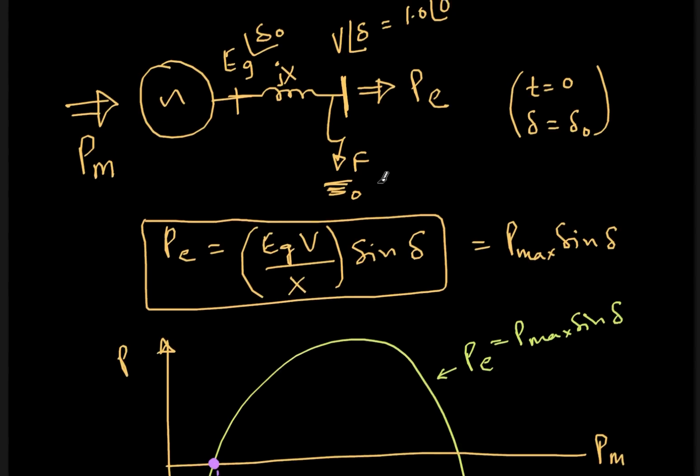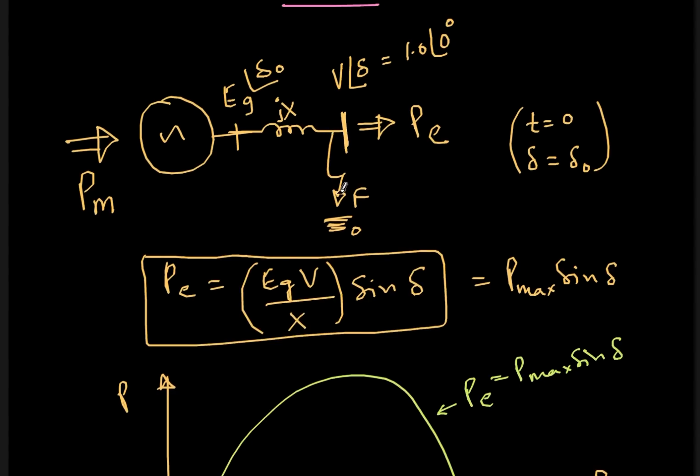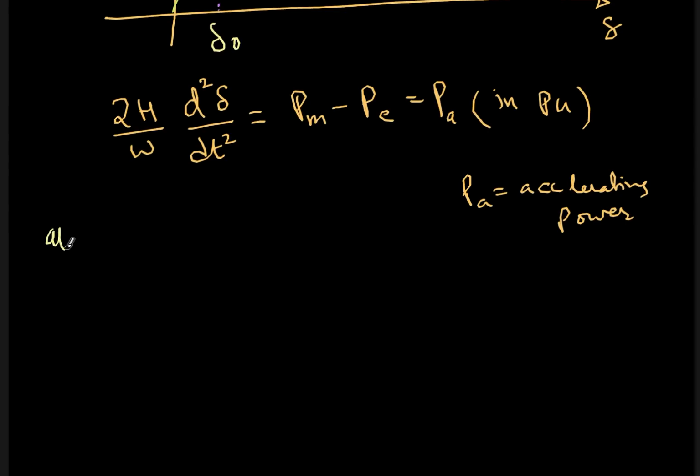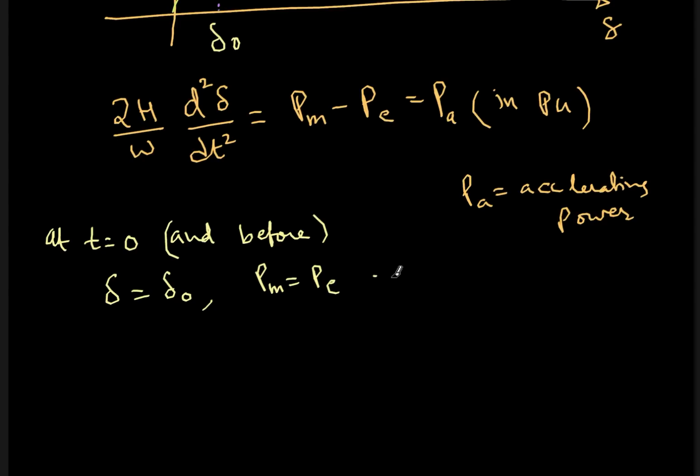Now under these conditions the fault has occurred, so let me write it here. Before t equal to 0, delta equals delta naught and PM equals PE, and we are operating at a stable point.